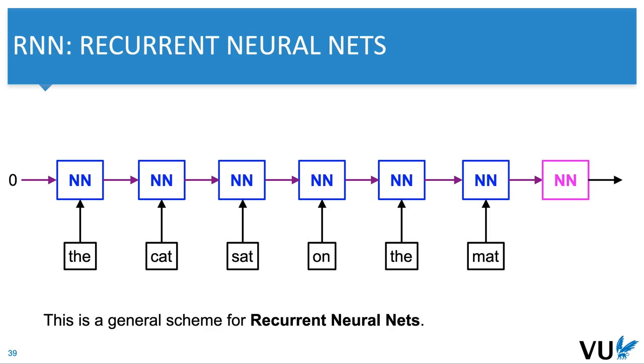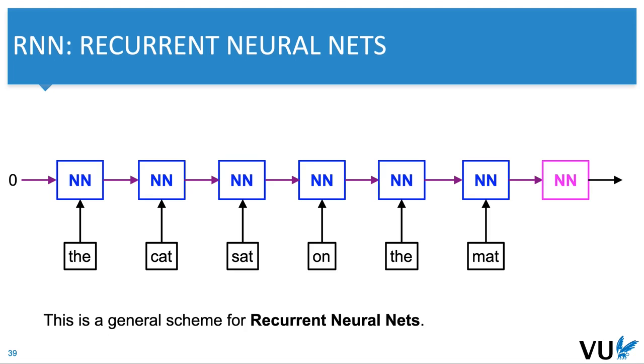And in general, we are not forced to use fully connected networks. We can use any neural network inside. And this is a general scheme for recurrent neural networks. If we process video, then this blue block could be a convolutional neural network.